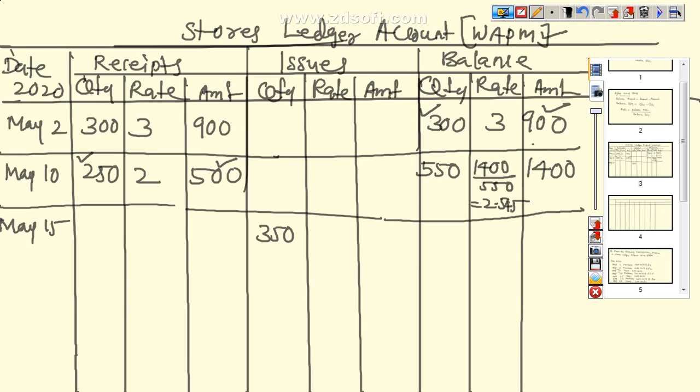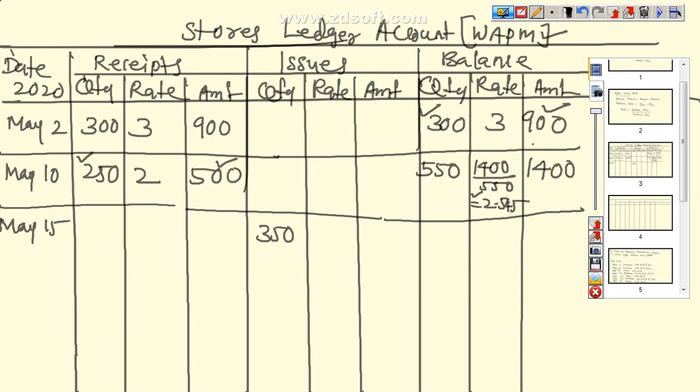We have mixed all the material to calculate the new rate. While issuing the material, whatever the quantity, be it 350, 300 or 500 units, the entire quantity has to be issued at the rate immediately before the issue.